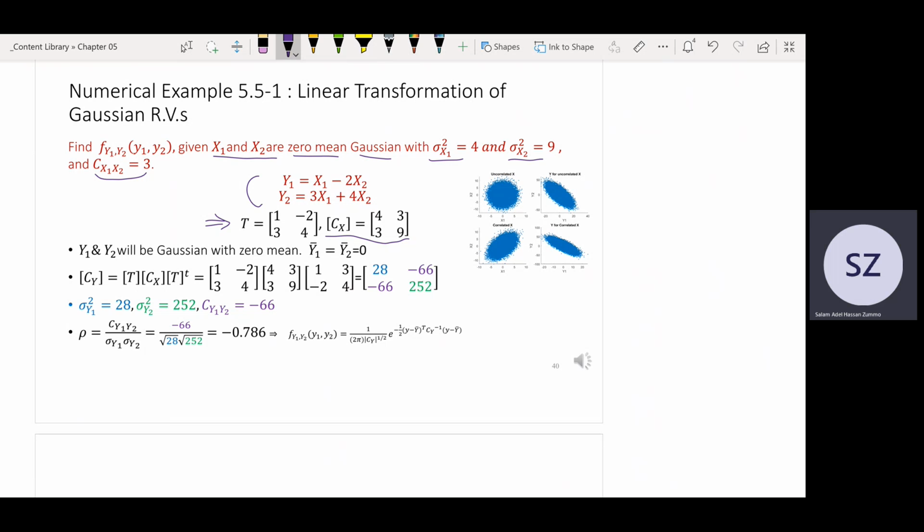Here is the covariance matrix: the variance of x and the variance of y and the covariance.